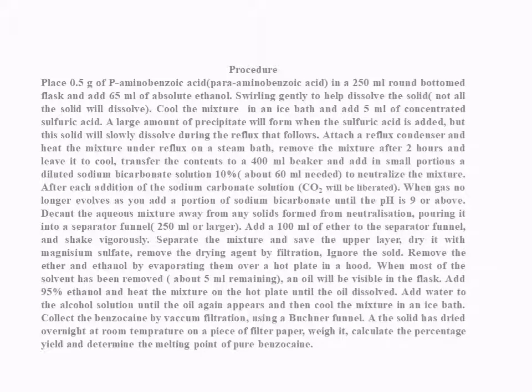Transfer the contents to a 400 ml beaker and add in small portions a diluted sodium bicarbonate solution, 10%, to neutralize the mixture. After each addition of the sodium bicarbonate solution, CO2 will be liberated.